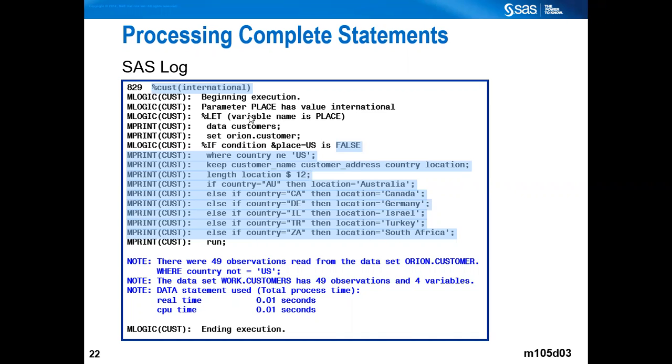And hence you are creating a new data set customers with country values other than USA. Got it? So now the new data set customers will have 49 observations, but these customers are not US based. So these are non-US customers.